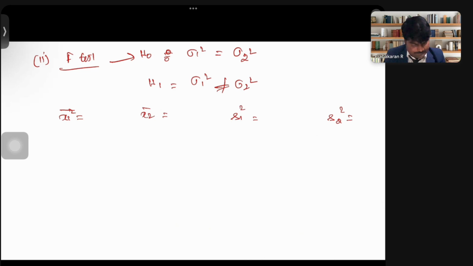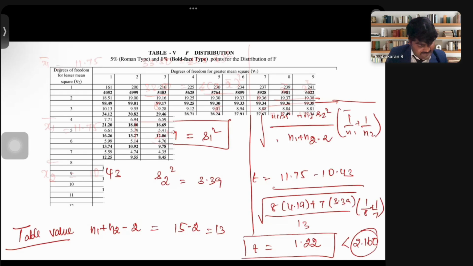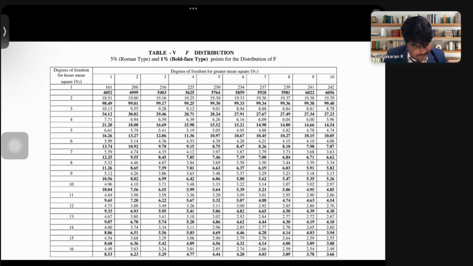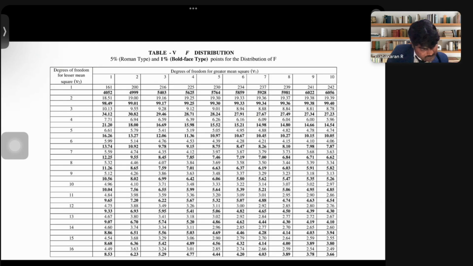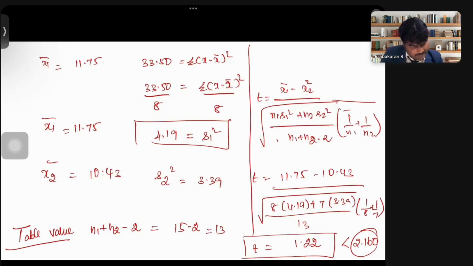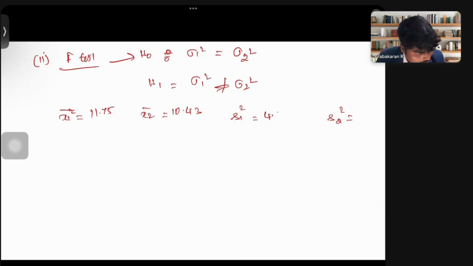First sample is, mean value, I forgot, 11.75, 10.43, and the variance is S1 square 4.19, 3.39.